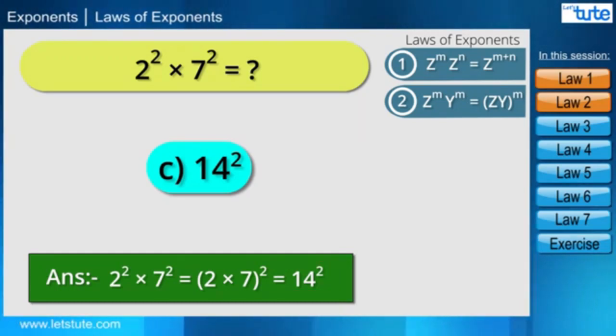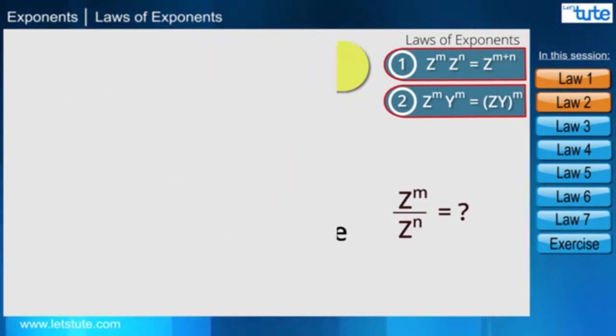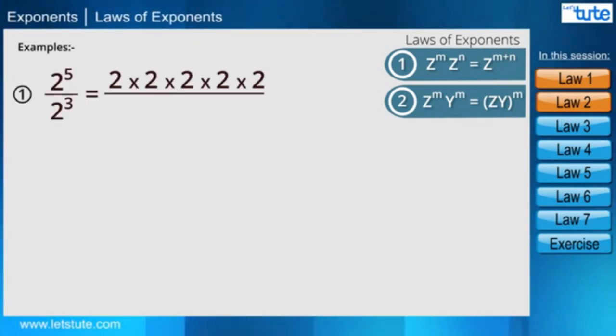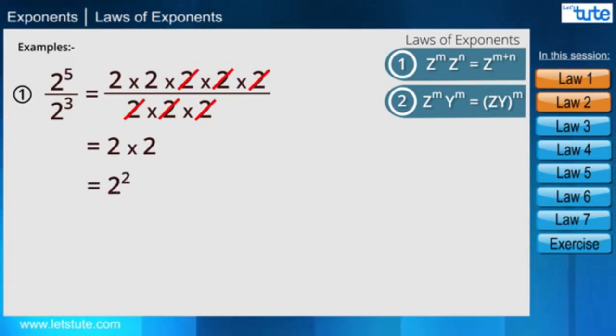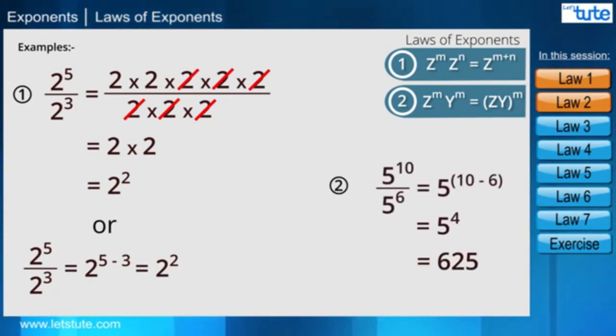Now moving ahead, this was when we have to multiply identical bases and identical exponents. But what if we have to divide identical bases? Let's see what will be the solution for the following examples. First example. Next, here we can see that the bases are identical.